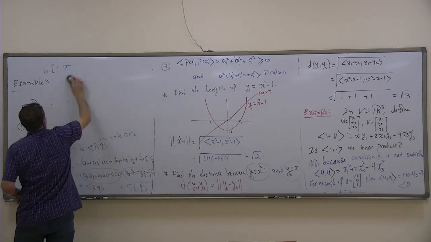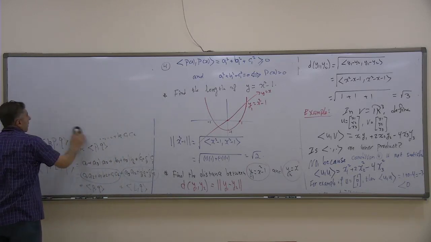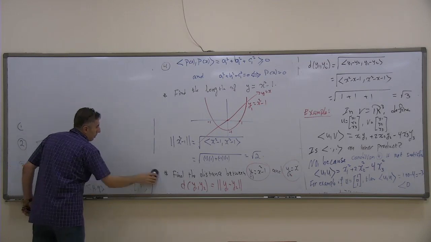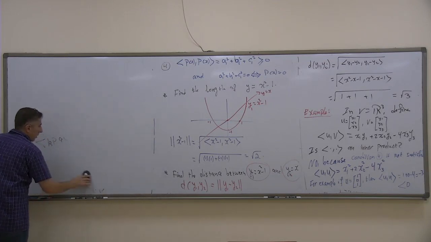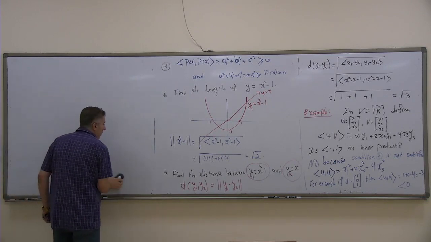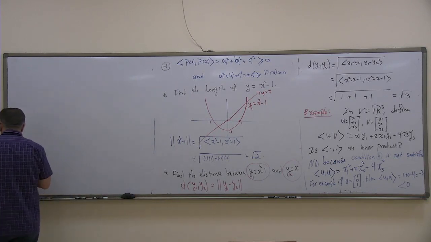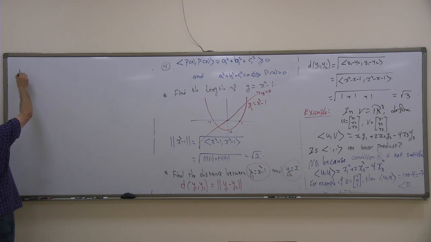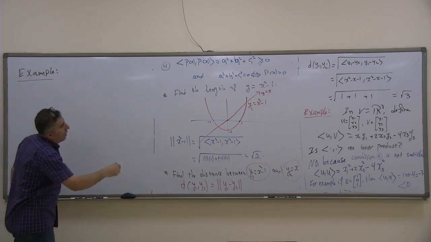So we talked about an inner product in Rn and inner product in Pn. Let's talk about an inner product on example number 5.